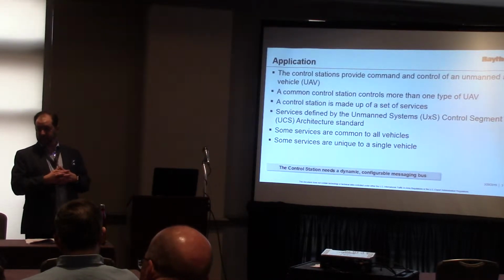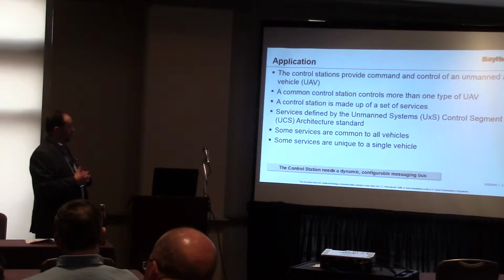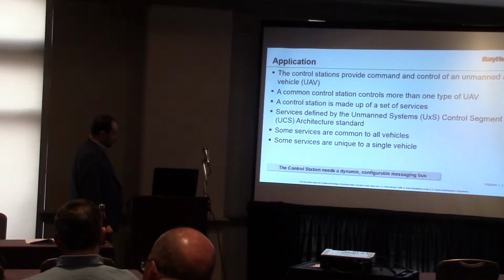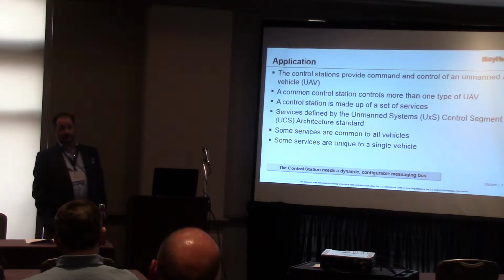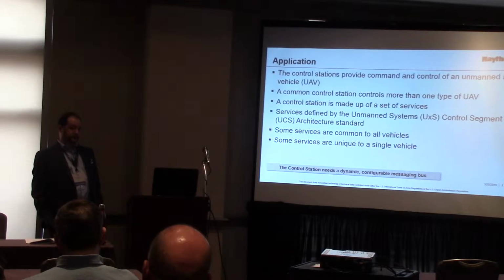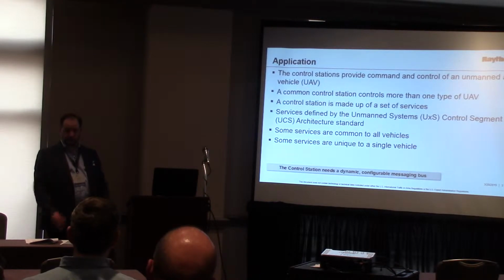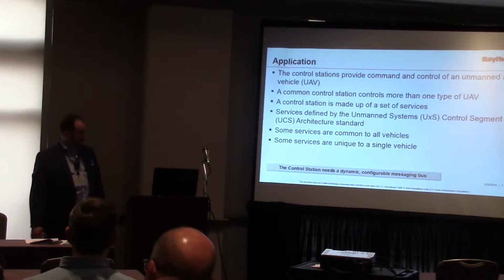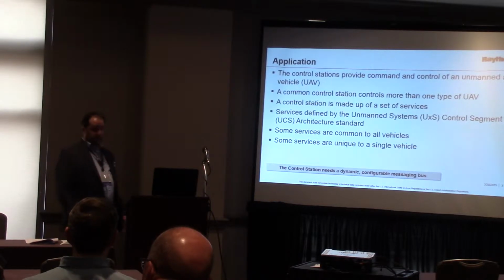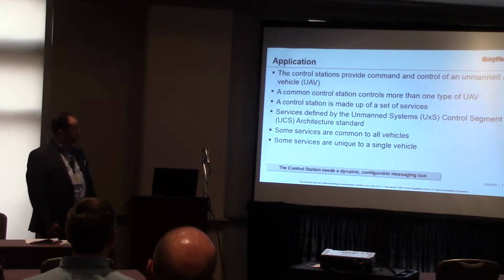So we're talking large vehicles. We control Fire Scout, which is a helicopter based on a manned aircraft. There are 2 versions: the smaller one is based on a 2-seater, and the bigger one is based on more of a 4-seater size vehicle. So again, big aircraft.